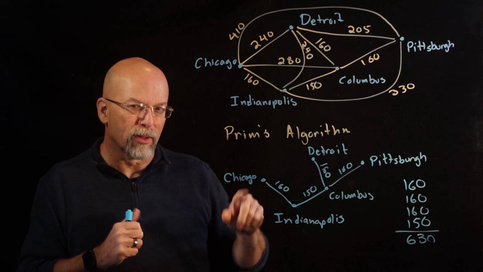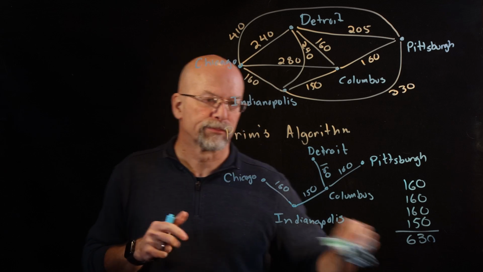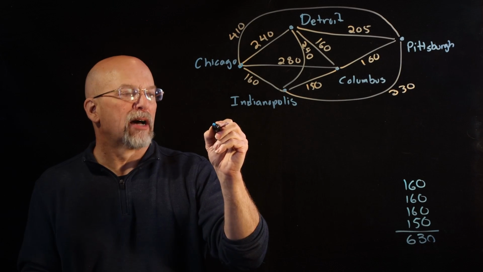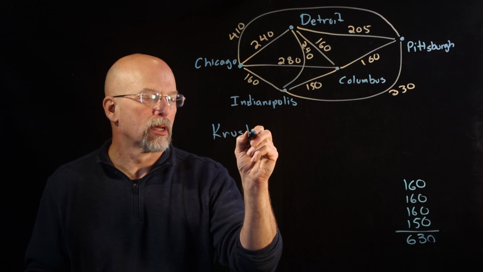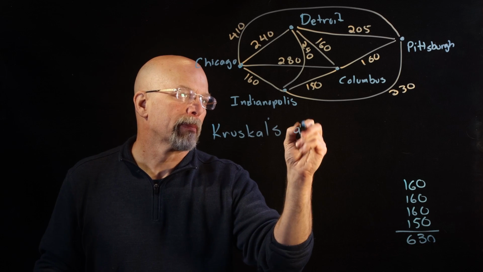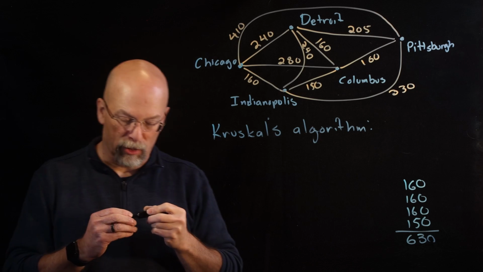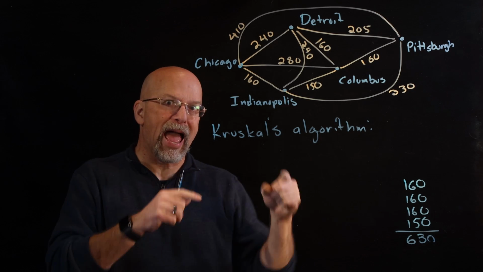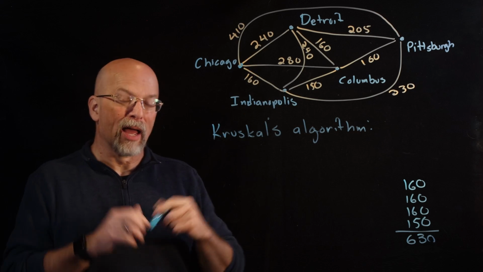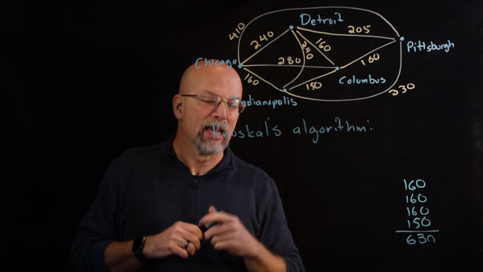Let's try another algorithm, see if we come up with a similar tree. This algorithm is called Kruskal's algorithm. Now, Kruskal's algorithm, remember, Prim's said we're going to add nodes one at a time until we come up with our tree.